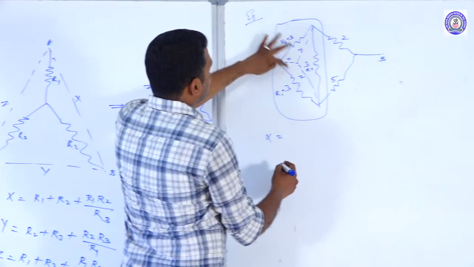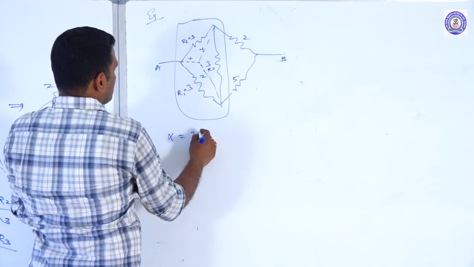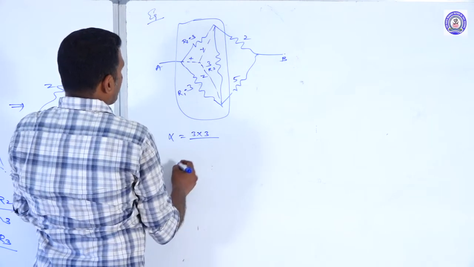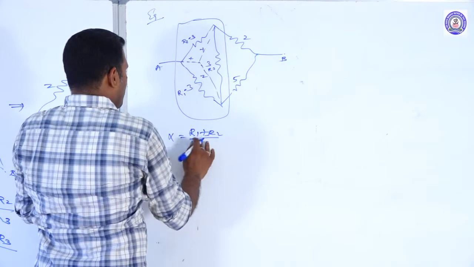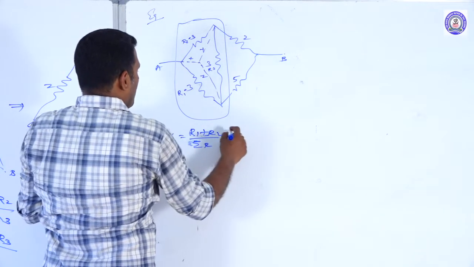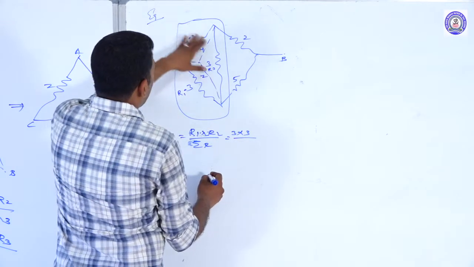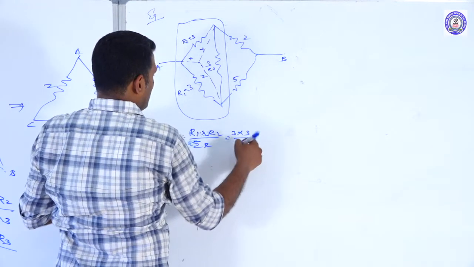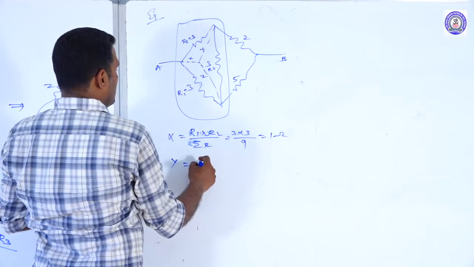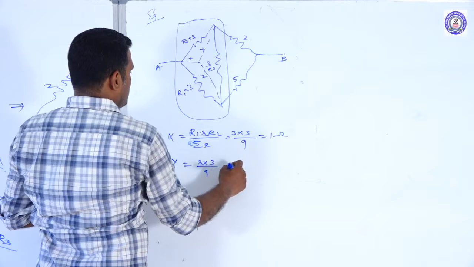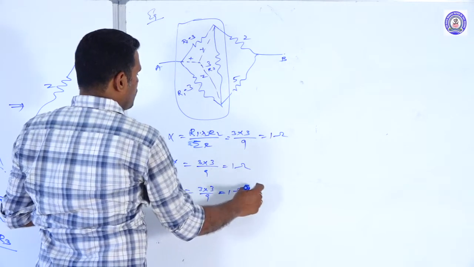To find out X, it is the product of the resistances on either side of X. So 3 into 3 divided by, or I can use the formula here, R1 R2 divided by sum over R. R1 into R2 is 3 into 3, divided by the sum of all the three resistances, which is equal to 9. 9 by 9 is 1 ohm. Similarly, Y is equal to 3 into 3 divided by 9, which is 1 ohm. Z equals 3 into 3 by 9, which is 1 ohm.